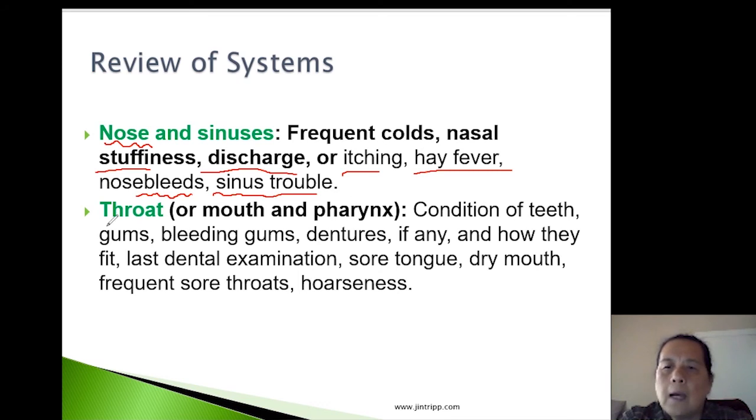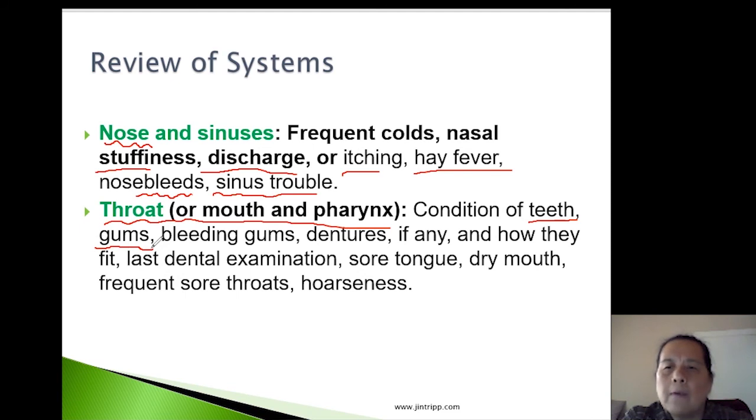Then we talk about the mouth or throat questions. That includes the teeth. How about teeth? Like some people lose some teeth at an early age. And the gums.